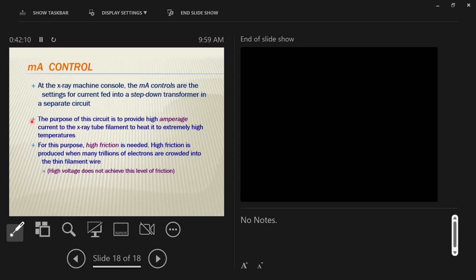Recall back to Ohm's law. So Ohm's law is hugely important for understanding this stuff, right? Remember that we get 110 volts from the wall, at some amperage, okay? We need to take that 110 volts and turn it into 100,000 volts, okay?